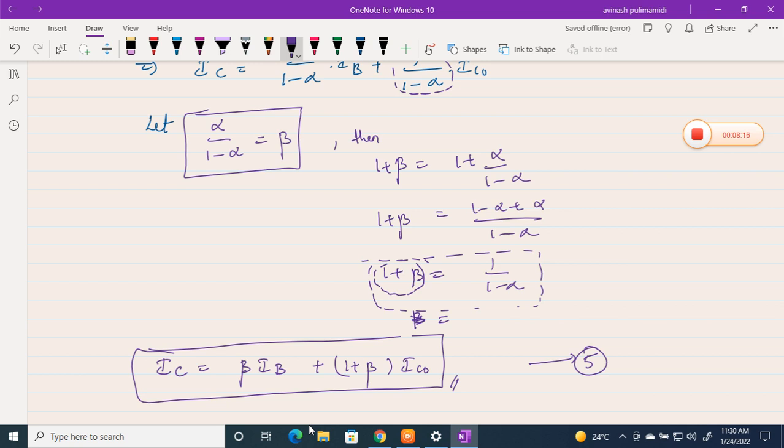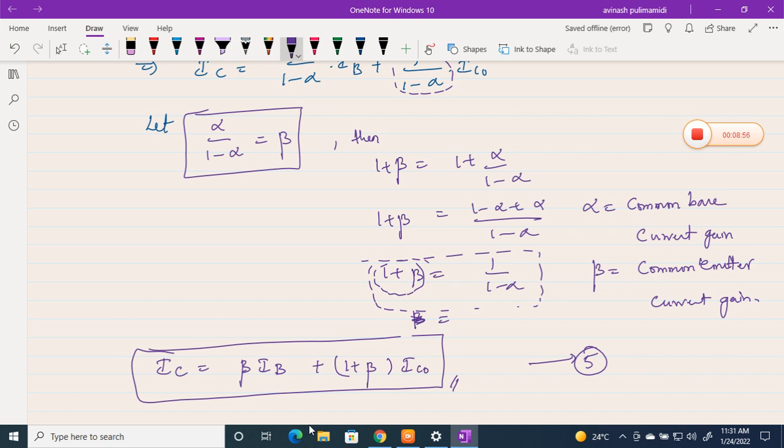What do you mean by alpha and beta? Alpha is the common base current gain. Beta is the common emitter current gain. Hope you understand this point.